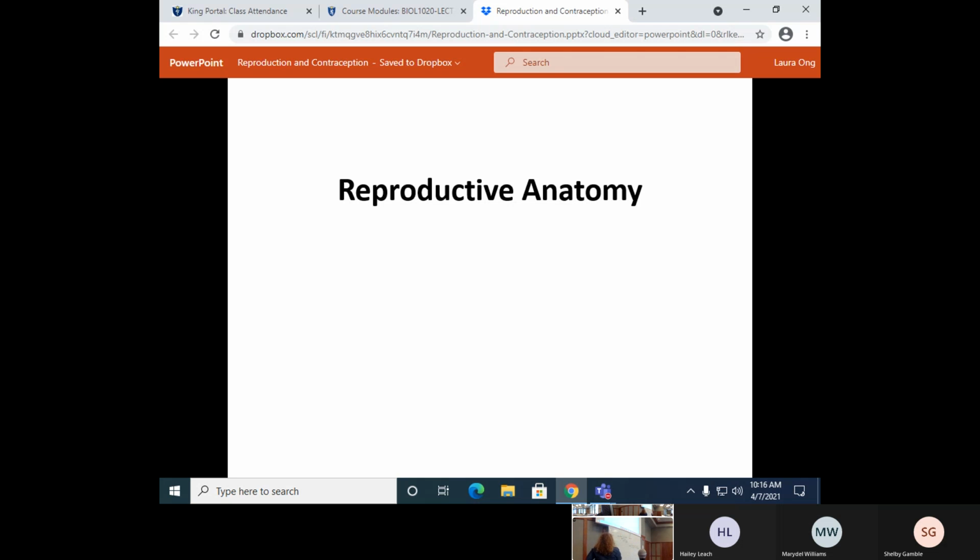The female reproductive system does not need to deliver gametes, it needs to accept gametes, I guess. I'm going to put that in parentheses. It needs to be set up to accept male gametes. And then what's the other huge part of the female reproductive system that it needs to do?